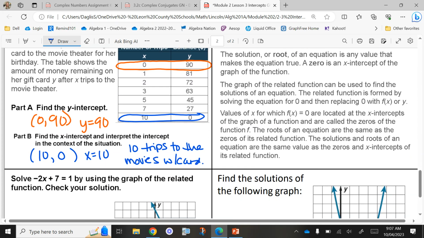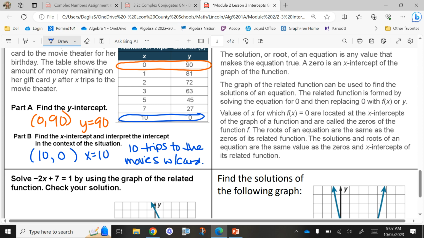Values for x, which f of x equals 0, are located at the x-intercepts of the graph of the function and are called zeros of the function. The roots of an equation are the same as the zeros of its related function. The solutions and roots of the equation are the same as the zeros and x-intercepts of the related function.